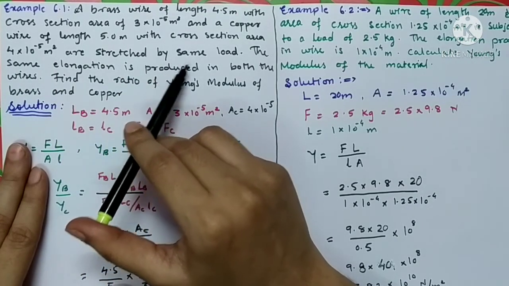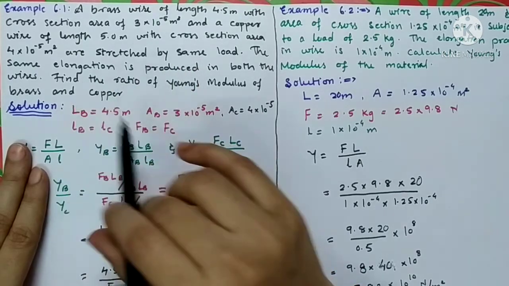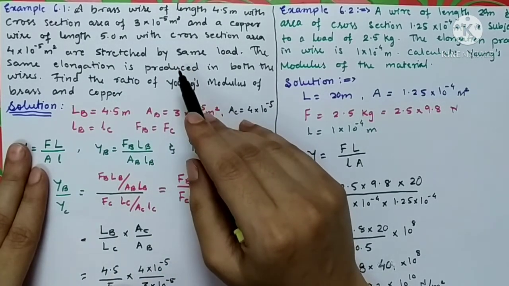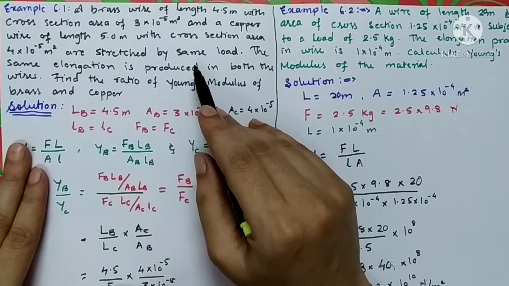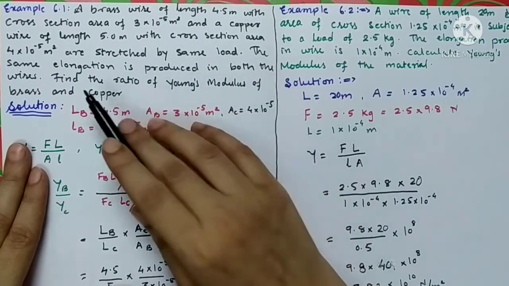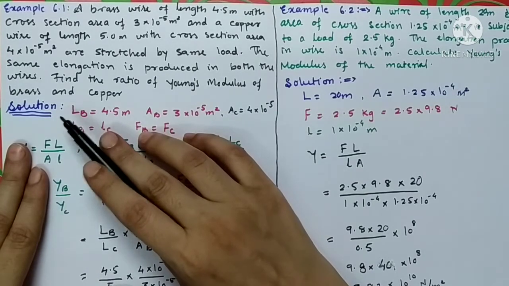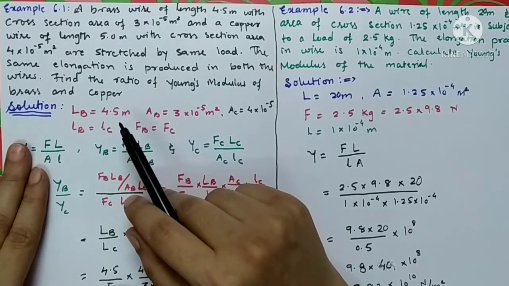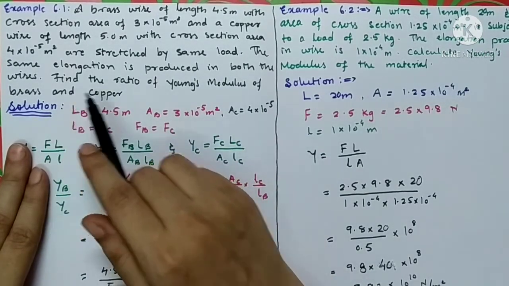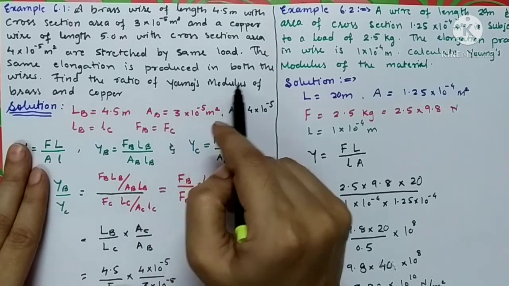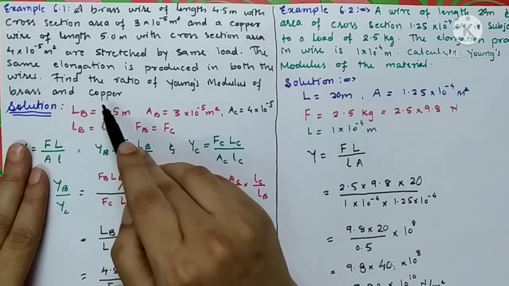They are stretched by the same load, which means the stress to which the wires are subjected is the same. The same elongation is produced in both wires. Change in length in both wires is also the same. Find the ratio of Young's modulus of brass and copper.